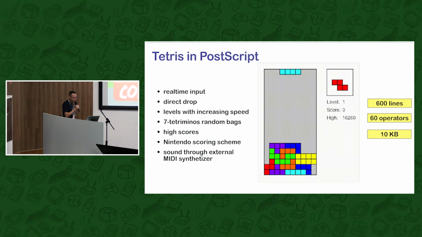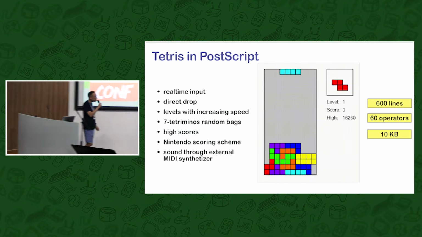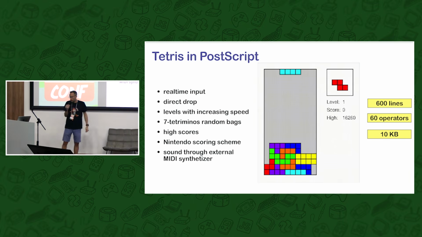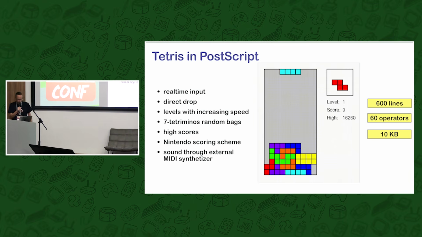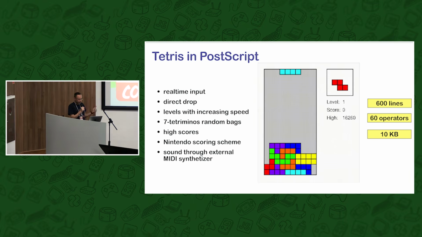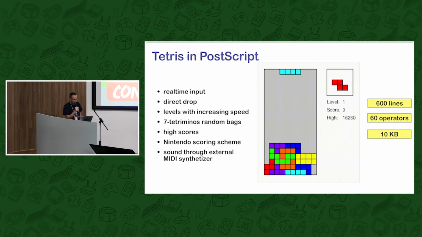Now, the most complicated game, or most complete game I wrote, was probably Tetris. What does this implementation feature? Real-time input, direct drop, so it's not blocking. The program is not waiting for some keystroke to go on, not like Sokoban.